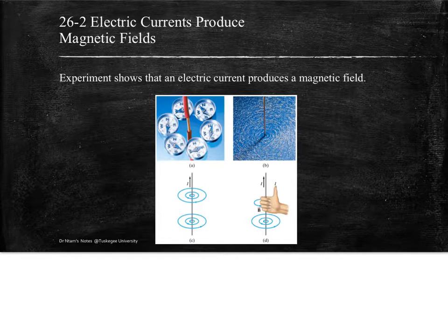Now, experiment shows that electric currents produce a magnetic field, and the direction of this magnetic field is given by the first right-hand rule, which is shown in figure B. So basically you place your thumb in the direction of the current, and then you curl your fingers around the wire, and that gives you the direction of the magnetic field.